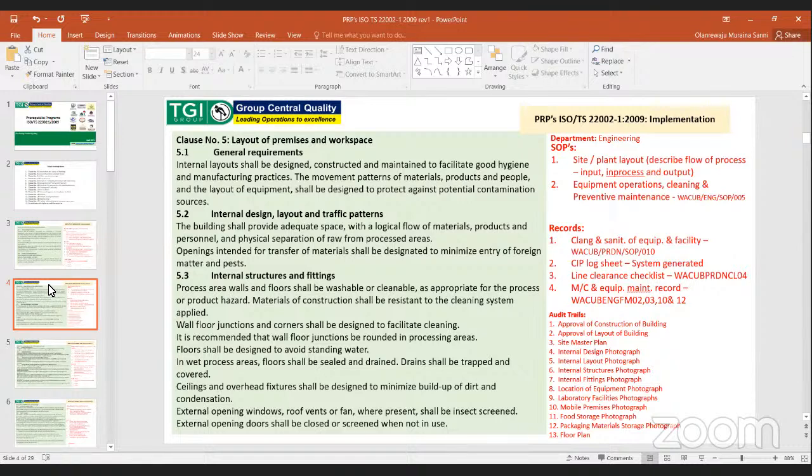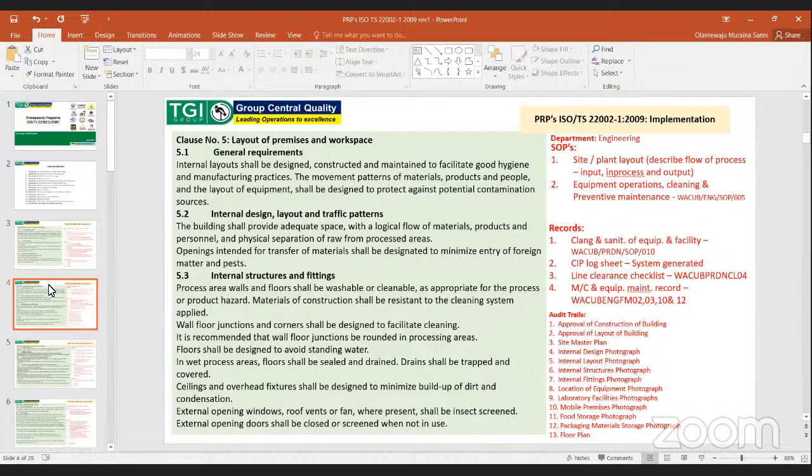So we need to design our factory in such a way that people, rodents, unwanted contamination from any source do not get access into our process line. By doing that, we are trying to prevent a food hazard that could come from cross-contamination and the rest.